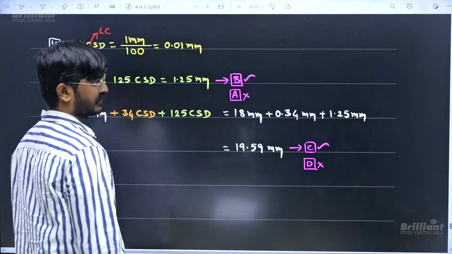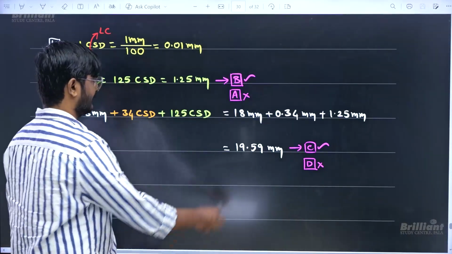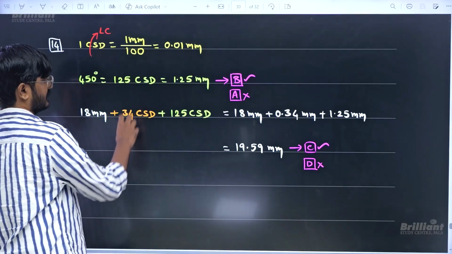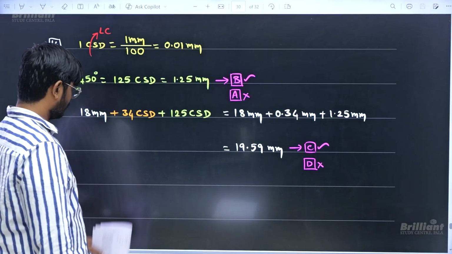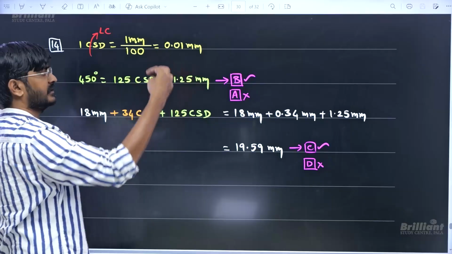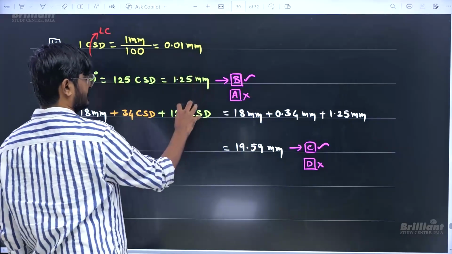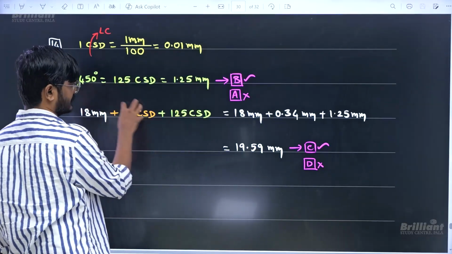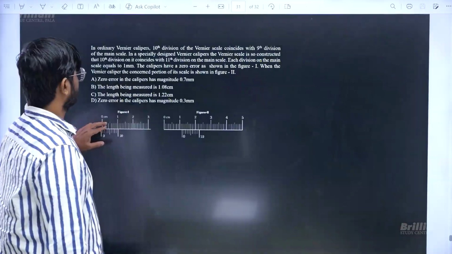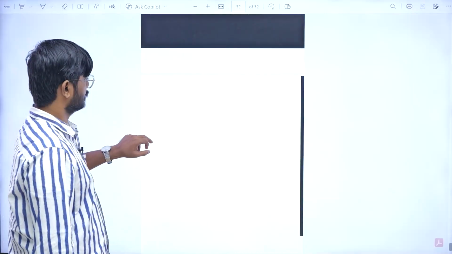So 18 full rotations or 18 main scale divisions happened, and apart from that 34 circular scale divisions also happened, but this happened from the earlier state. The meaning is you have already rotated by 1.25, and apart from that you rotated this much extra. So the total length of the object will be the summation of all this. Okay, anyway, again I will be reading the question while showing you the solution.